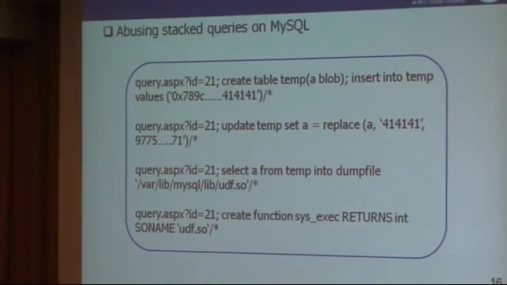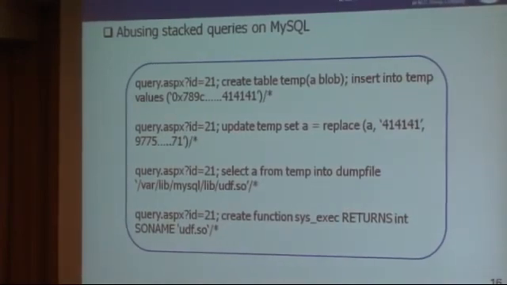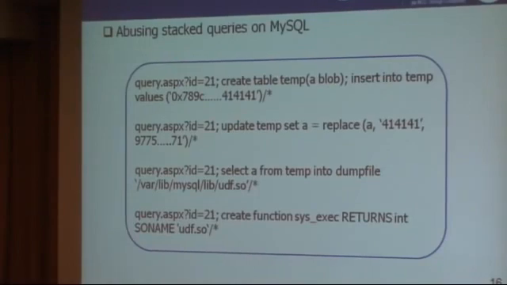On the second line, this technique is used when you have larger data, so you basically need to inject byte by byte. You will replace that 41, 41, 41 with new arbitrary file data until the whole arbitrary file is successfully uploaded into your table. And then on the third line, this is where you select the whole arbitrary file and dump it into either the shared library directory or the plugin directory.